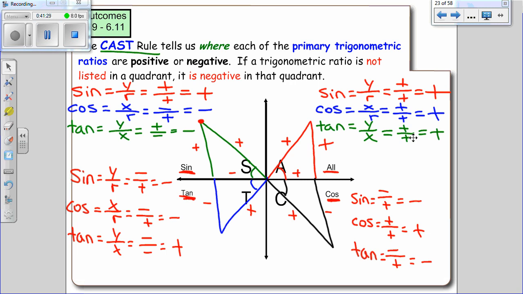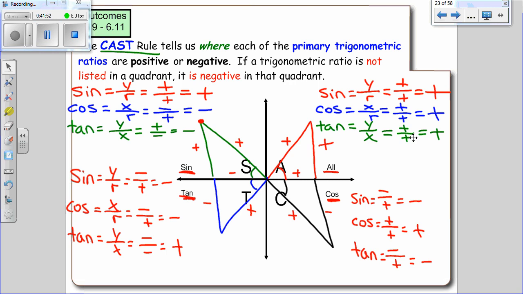The best way to remember is by using something called the cast rule. The cast rule tells you where ratios are positive. So, we built the word cast. Cosine was in quadrant 4. That's where cosine is positive.